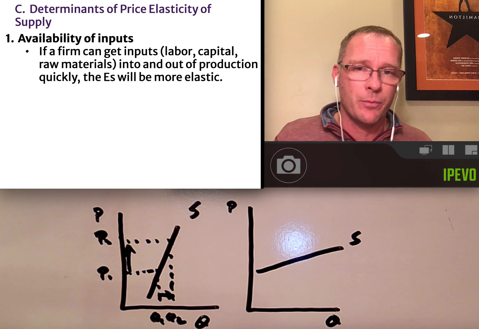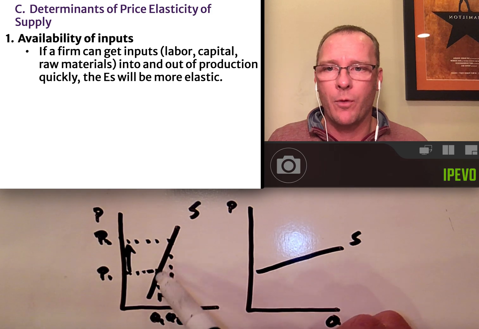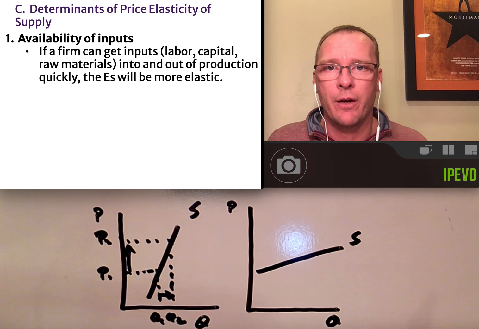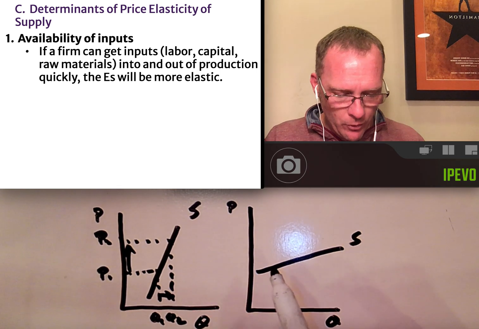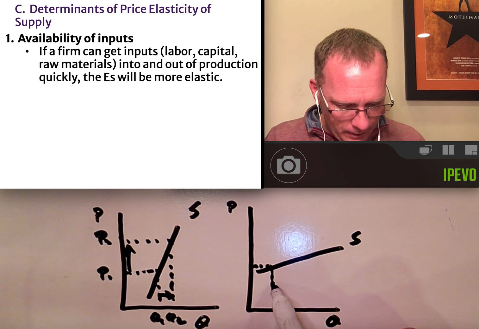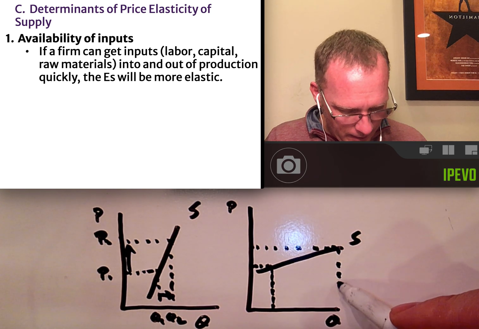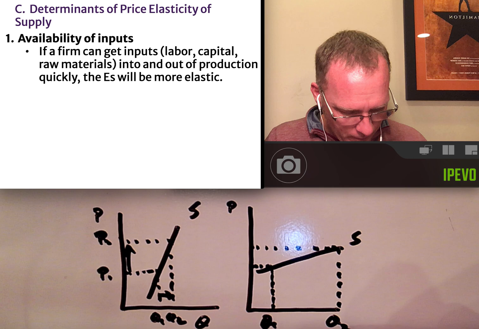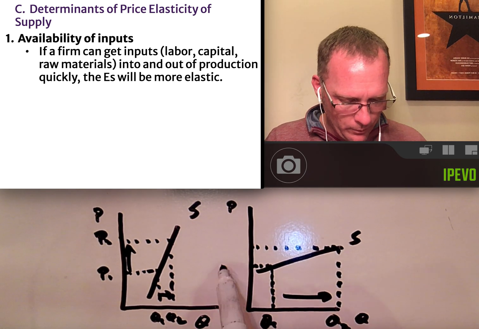You can't supply more quantity because there's no plumbers to send out to do any plumbing. That's happening right now because we just don't have enough people in the trade industries. So that's one. If it's really easy to get that input, in this case, you're going to supply more quantity when the price goes up.